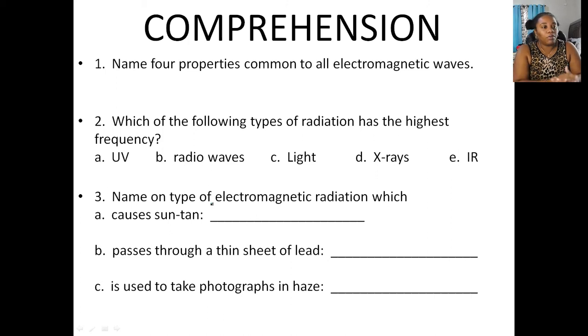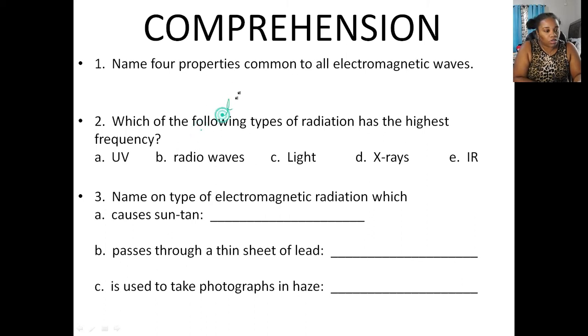Now let's check comprehension. Name 4 properties common to all electromagnetic waves. So we have reflection, refraction, diffraction, and they all travel at the same speed. Which of the following types of radiation has the highest frequency? So higher frequency means that the wavelength is shorter, and the waves bunch up together like that. It's closer, so more waves are produced per second.